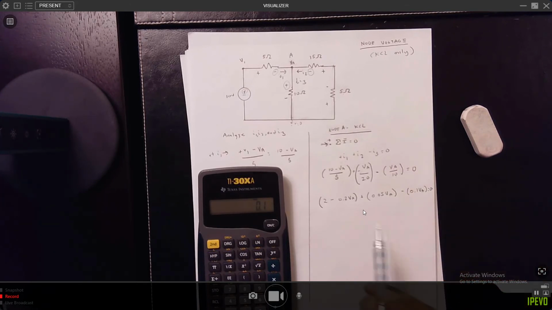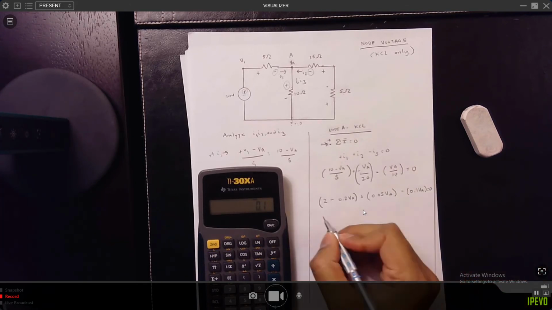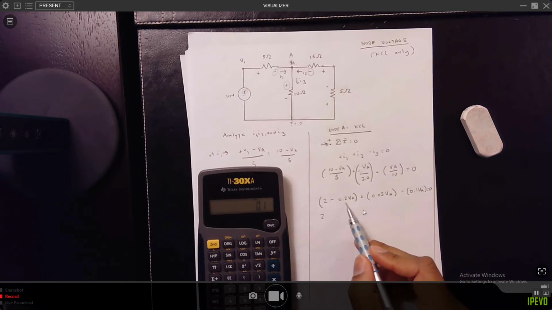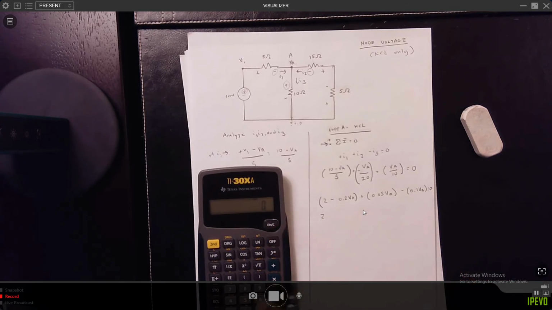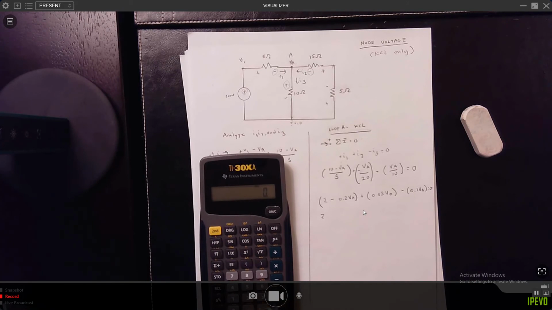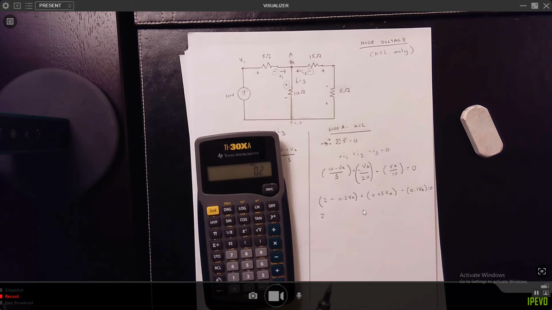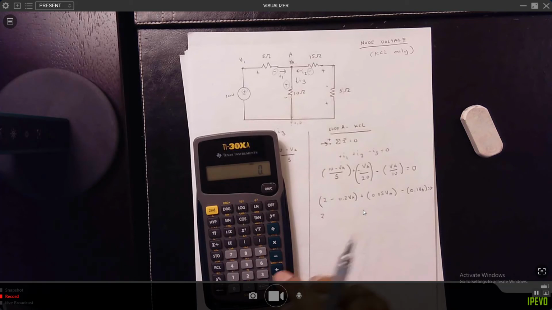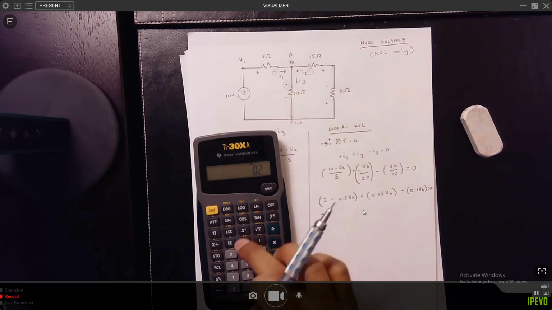So we're going to go 0.2, just like here, 0.2 plus 0.05 plus, I'm sorry, this is wrong. 0.2 negative, where's the negative sign? I can't find the negative sign.